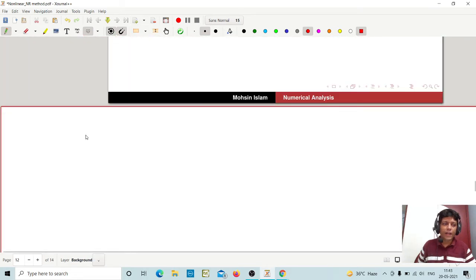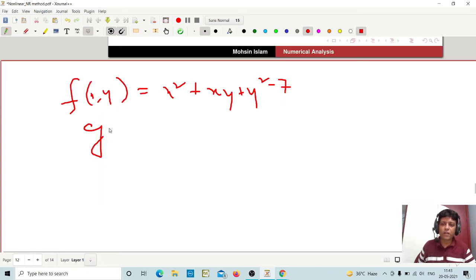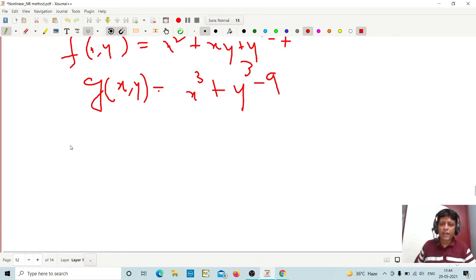Okay, first of all, let me write the first function, that is f(x,y) equal to x squared plus xy plus y squared minus 7, and g(x,y) equal to x cubed plus y cubed minus 9. Okay, now let me write the J_k matrix.